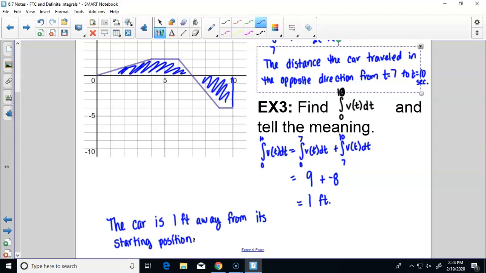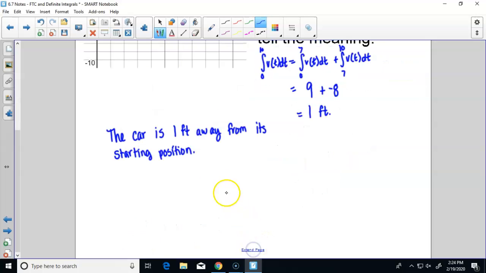Okay. Now, I did all of this because I want us to think about how we could find this if we knew the x of t equation, right? So if I knew that x of t was the position of the car.